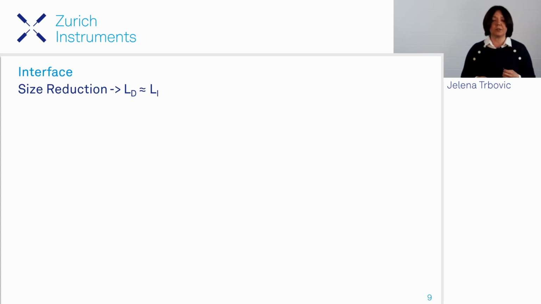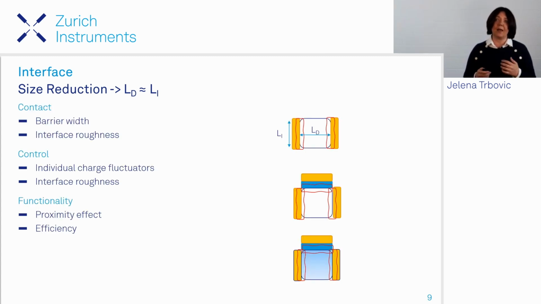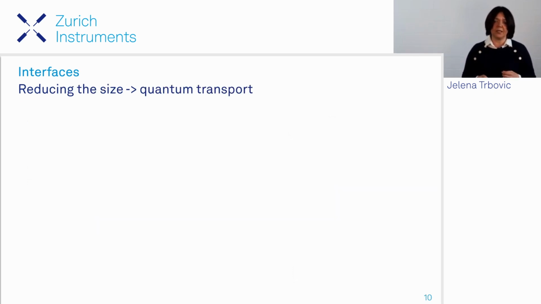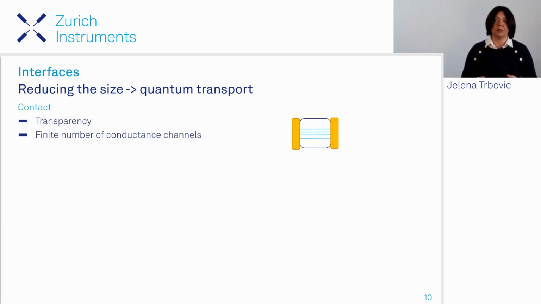Now, when we reduce the device size, we actually start being aware of the details of the interfaces. They now play a major role, as you see here. Every single impurity and the roughness at the interface will also be a part of the device. Another thing that happens at low scales is that we start seeing quantum signatures of quantum transport.